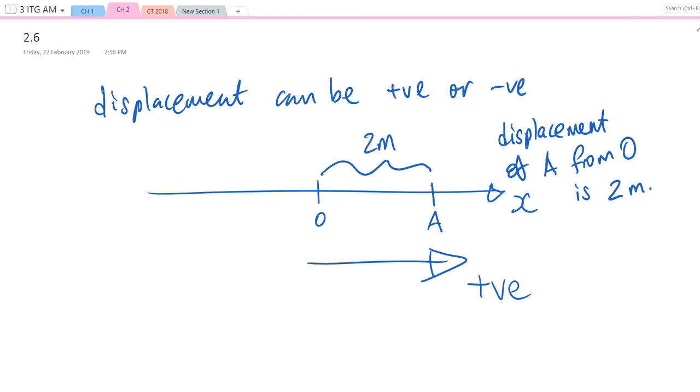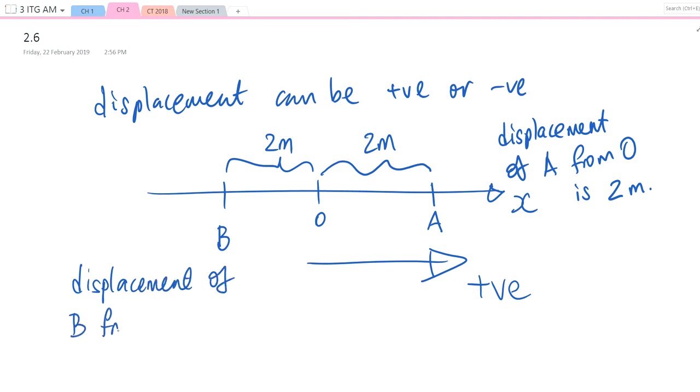Now let's say we have this over here, B. Over here we've got 2 meters as well. We will therefore say that the displacement of B from the origin is negative 2 meters.